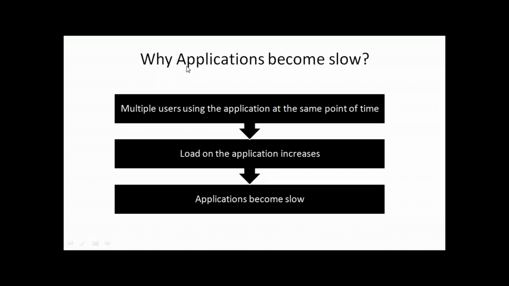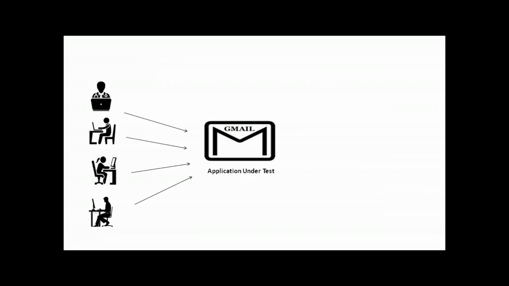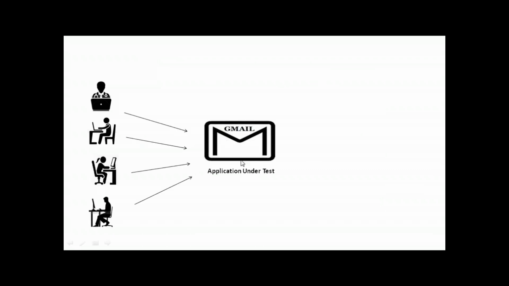The point you need to understand is that when multiple users use the application at the same point of time, the load on the application increases and the application becomes slow. Before I make this point, let me make a statement. Let's take a Gmail application.